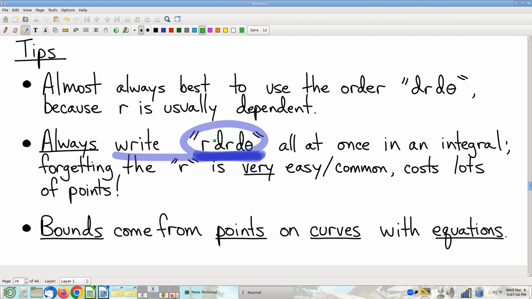And if you make a habit of this, that you always write r dr d theta as a single unit, all at the same time, it's a nice sort of security move, sort of protection against inadvertently, accidentally forgetting, which you would be surprised how easy that is to do.